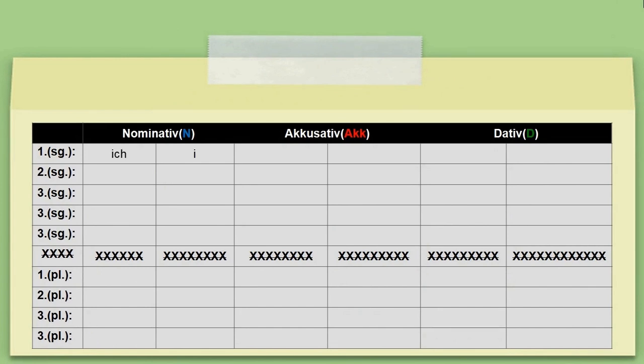In the nominative, we already know that we have ich, in accusative mich, in first person singular, but in dative we have mir, or to me. Also in second person singular, nominative du, accusative dich, and dative dir, or to you.